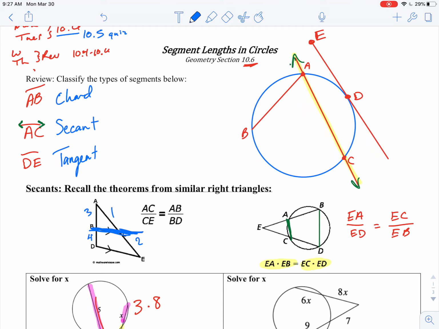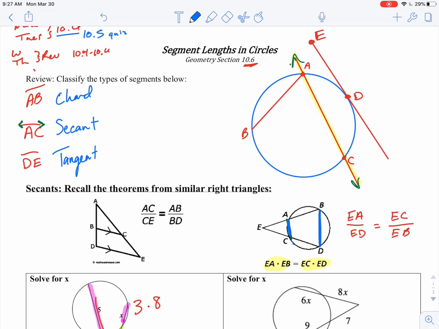Remember we drew in the very thick division bar, equals AB over BD. And we're going to use a similar approach. This theorem works in the same way. But you can see if I connect this line and this line, these are not parallel lines. If I kept going, these are going to intersect at some point down here.